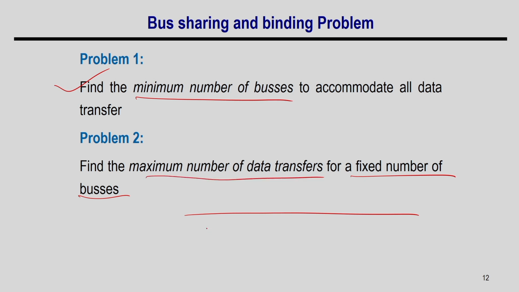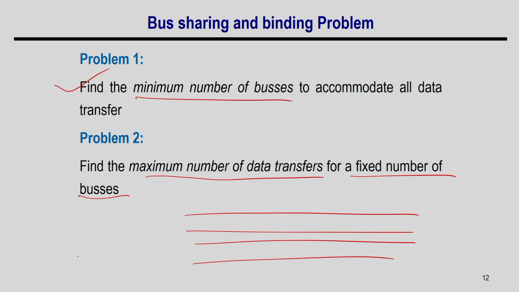So, you are given 4 buses, and there may be say 100 data transfers, where all these 100 cannot be placed. For example, 50 can be placed at most. So, you identify the maximum number of data transfers that can be placed into these buses based on the requirement. This is the problem here.